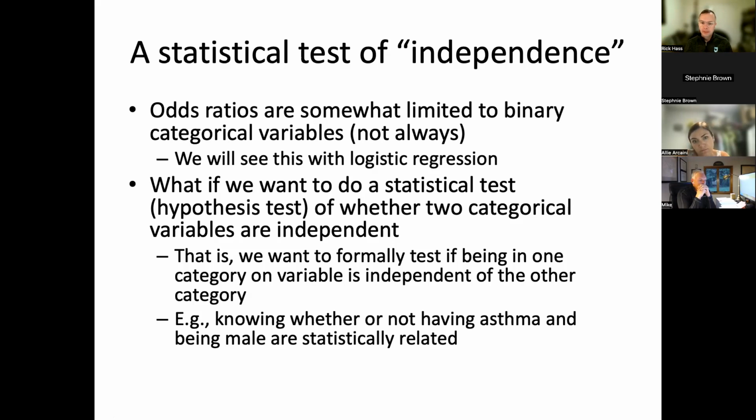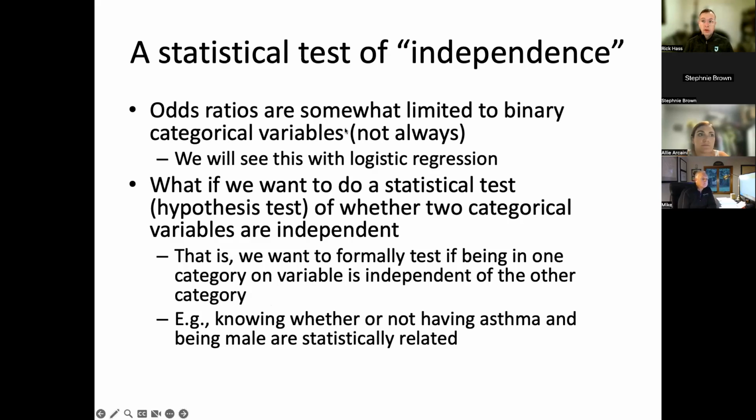That would be what statistical independence generally means. So if we know that two things are statistically related, we can do some science, we can do some predictions, and so on and so forth.